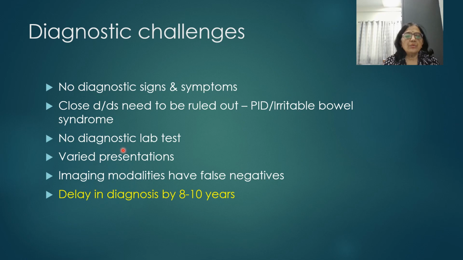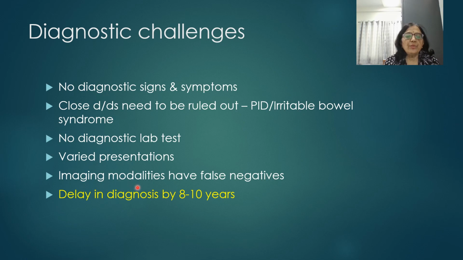Unfortunately, there are no diagnostic laboratory tests to diagnose endometriosis. Presentations are varied, that means patient to patient. Some patients might present with an adnexal mass, others might present with severe dysmenorrhea or with deep infiltrating disease. Some patients might have only difficulty in defecation or dyspareunia as the symptoms. So presentations are so different and they are many times treated for many years by non-gynecologists also.